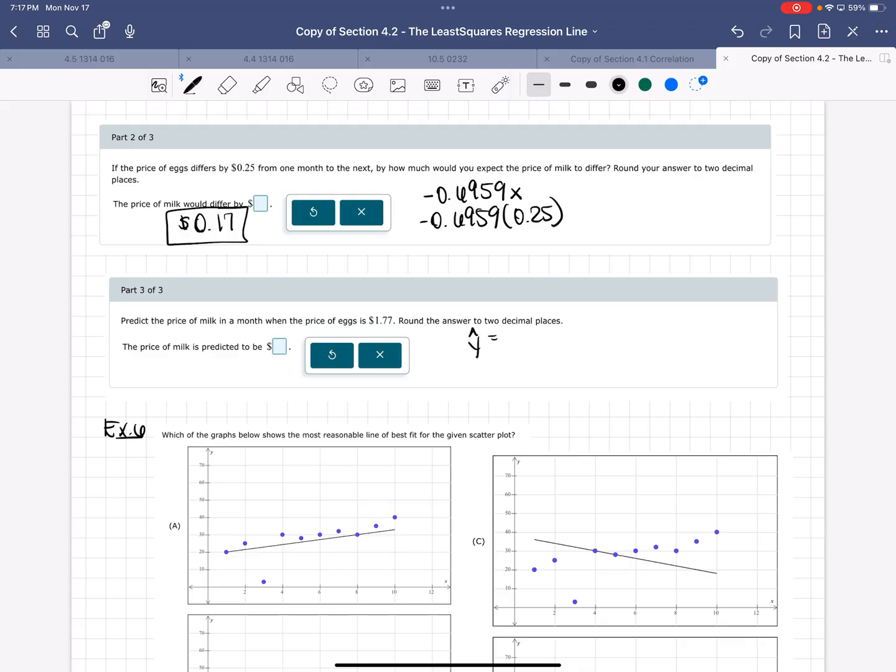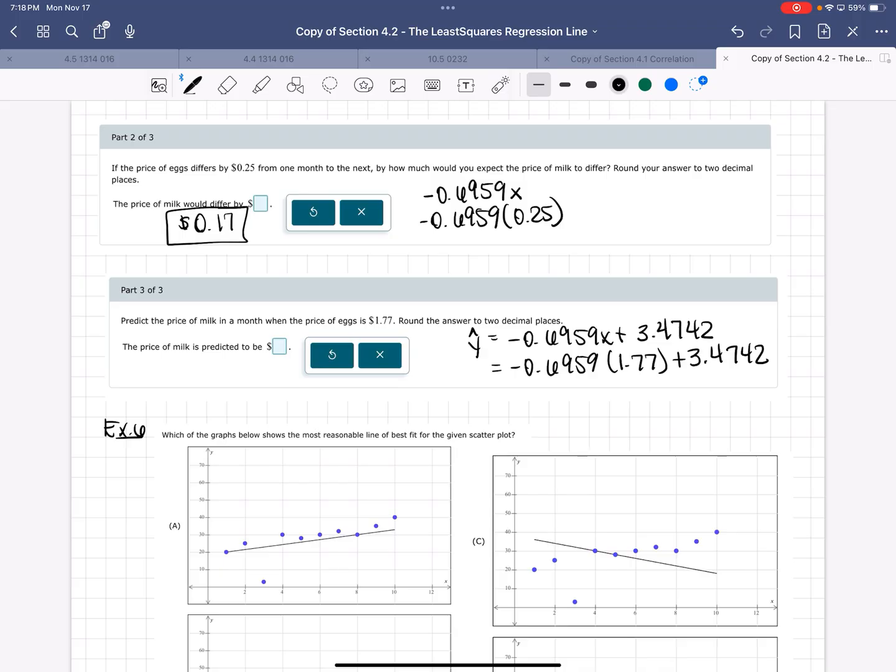Y hat equals negative 0.6959x plus 3.4742. And I'm going to plug in, how much were the eggs? $1.77 that month. I'm going to put in 1.77 for my X. That's the price of my eggs. And I'm going to predict how much my milk's going to cost.